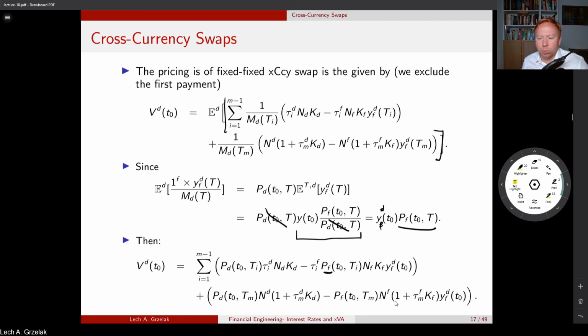And of course, the same would hold for the notional exchange that takes place at the final payment date of this cross-currency swap. So you see, pricing of cross-currency swaps requires some attention with regards to the exchange rate that you have to take into account. You also need to be aware, you have to remember the definition of the FX forward rate.